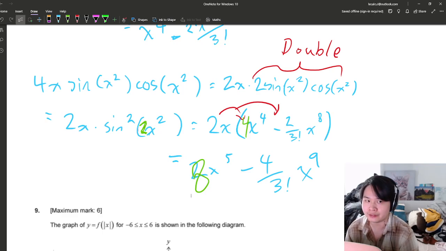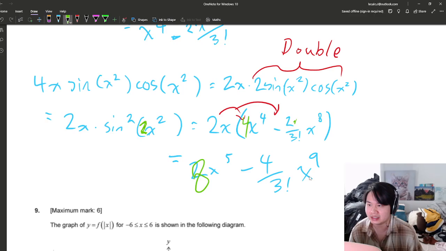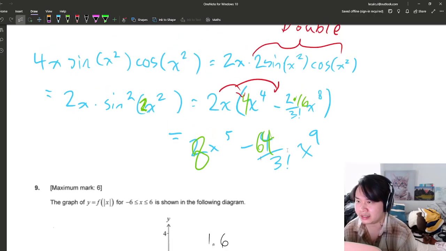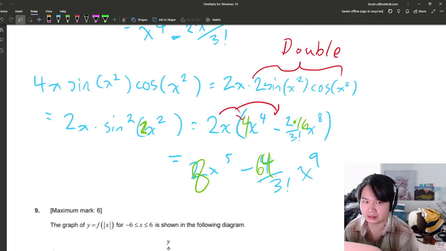So we should have 4 factors of 2 as well. And then 2 to the power of 4 is, I think, 16. So this needs an extra 16 here. So this is 64. And I didn't really care, but 3 factorial has a 2, so you can reduce it. But yeah, thank you for pointing that out.